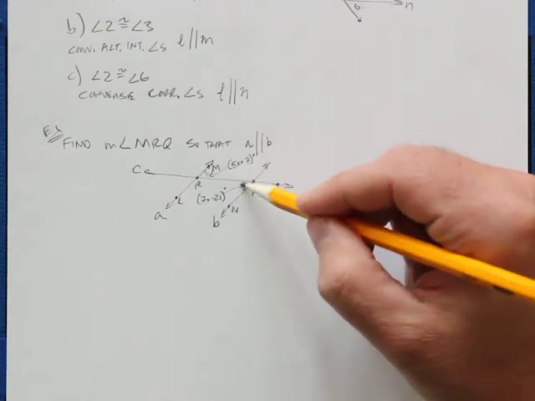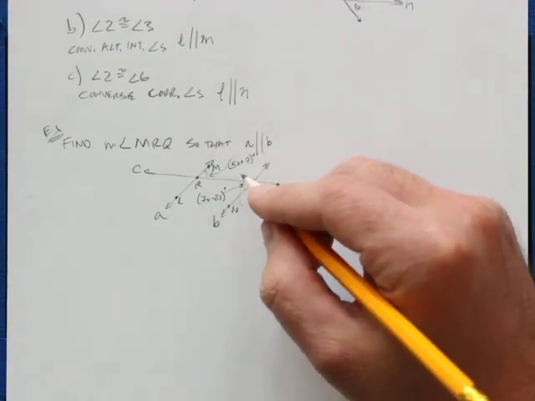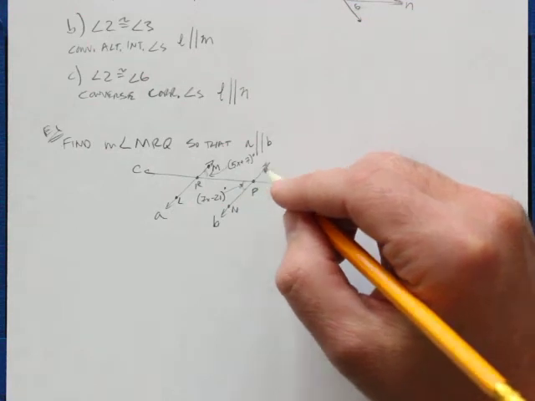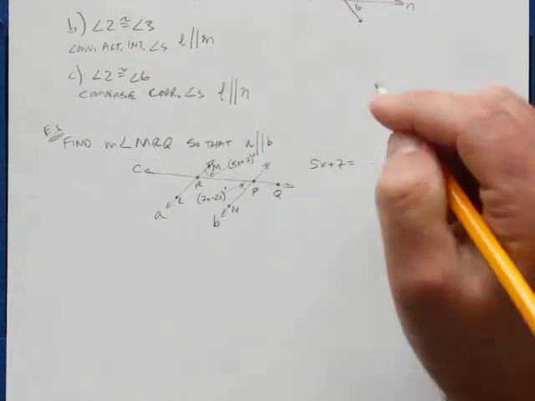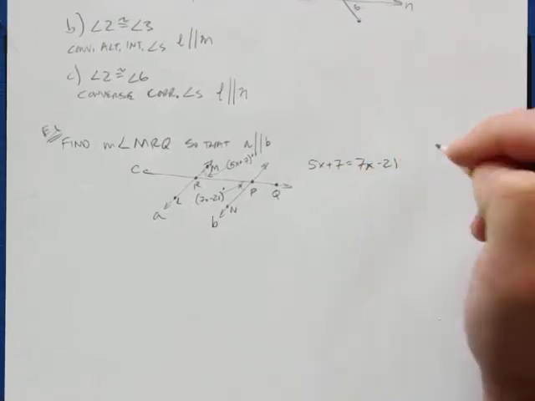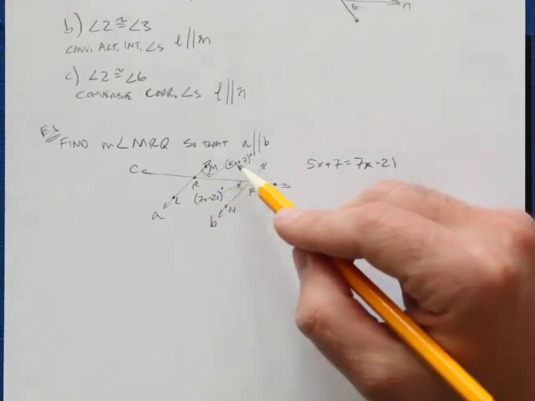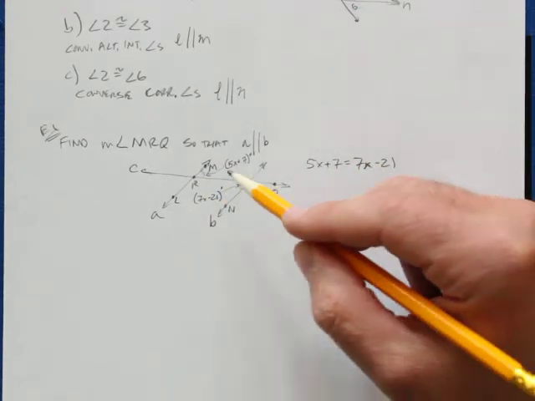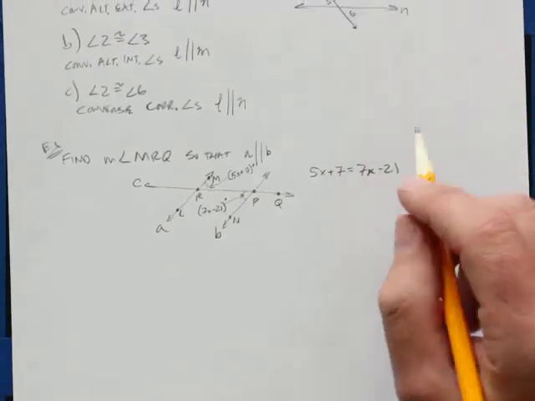So I know that alternate interior angles are congruent, so I can put these two angles equal to one another. The measures are equal. Because I've got to solve for x so that I can figure out what this angle is. So if I set these two equal to one another, then I know that I can find out what x is going to be.